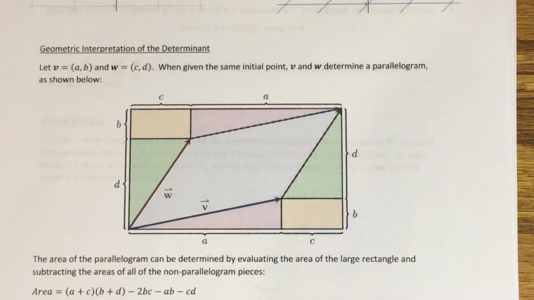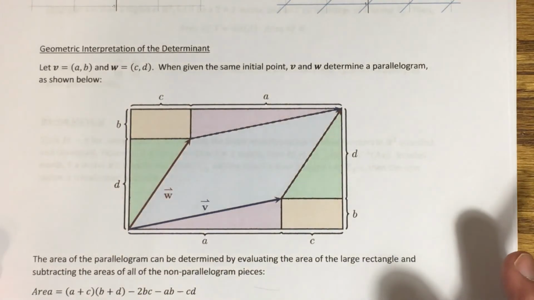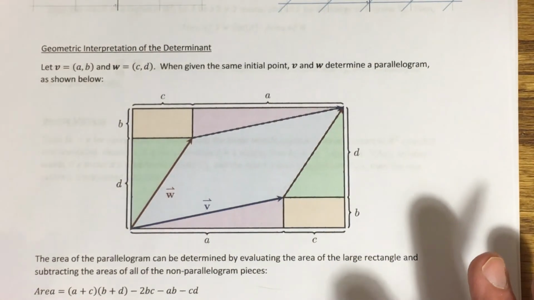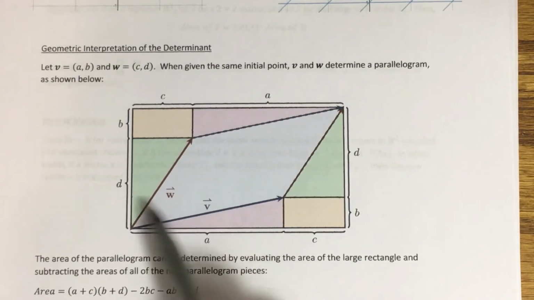And now, with the work that we've done on linear transformations, we can see a more direct application of at least a 2x2 determinant geometrically. So let's suppose we have two vectors, v and w, and these are vectors in 2 space.